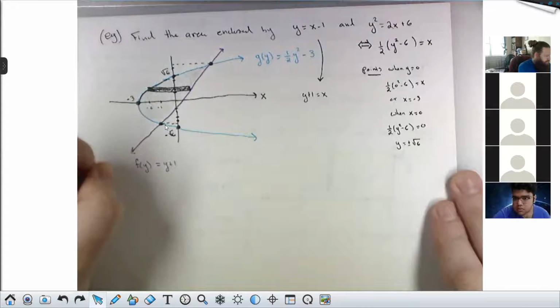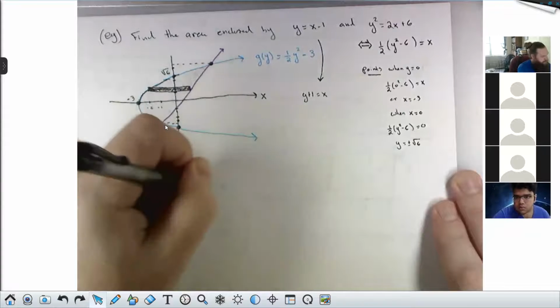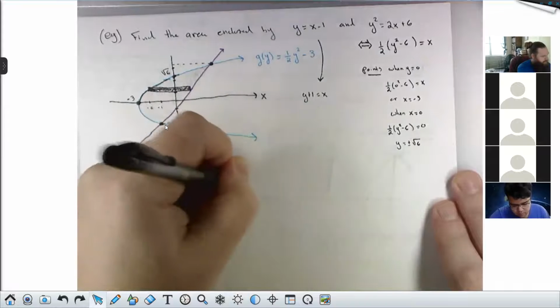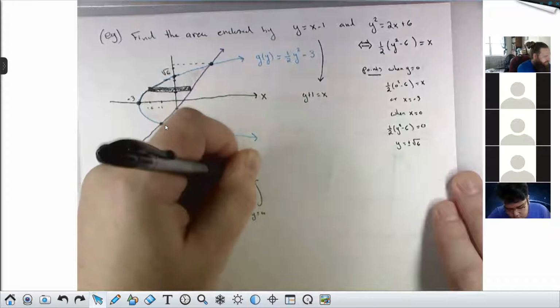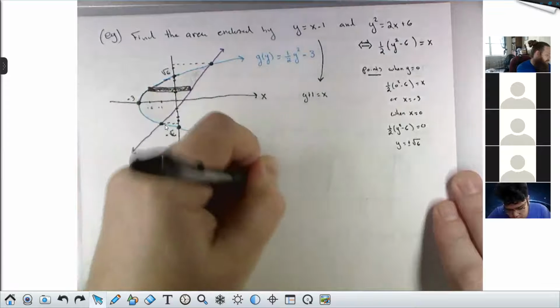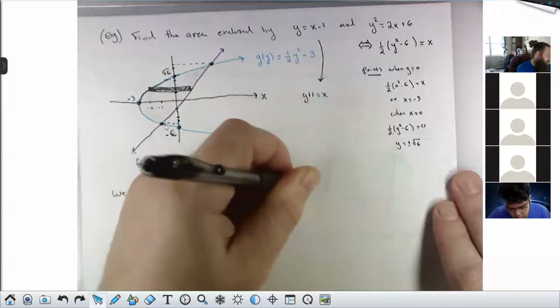So we know that the shaded area equals the integral from y equals a to y equals b of f of y minus g of y, right?